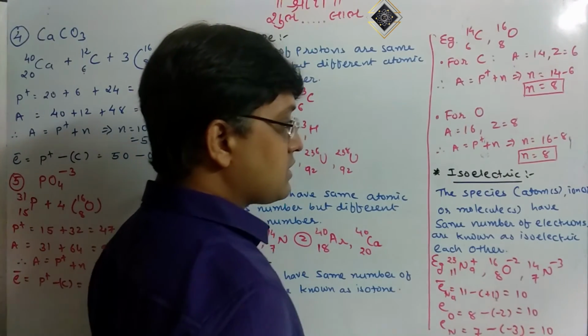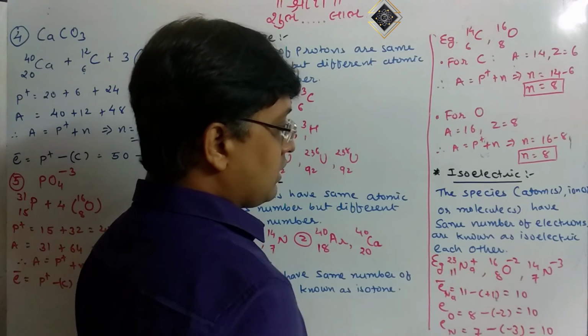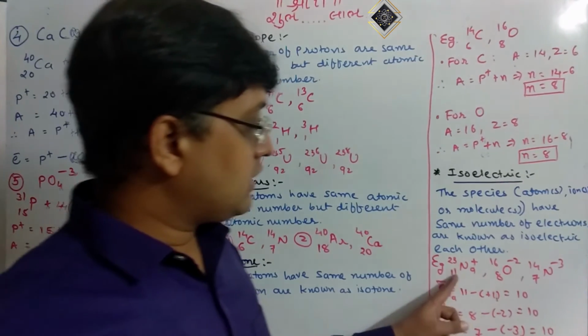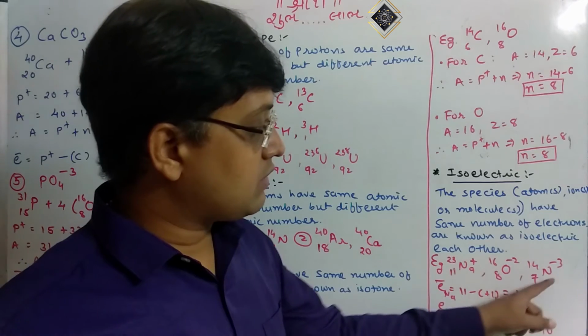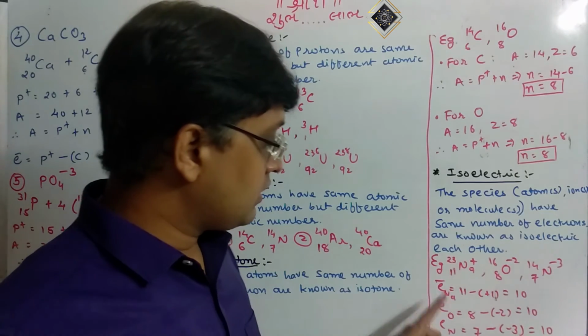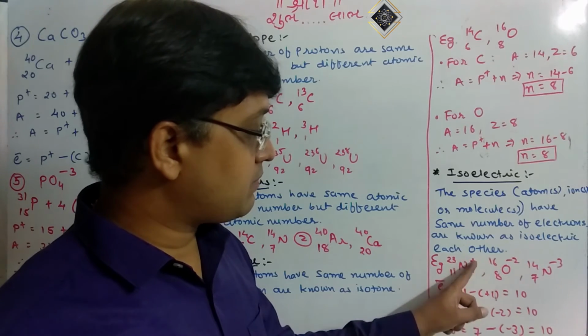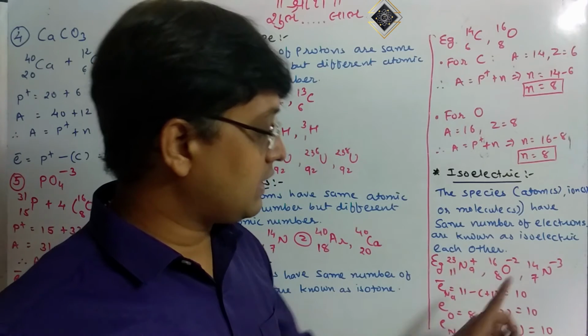Isoelectronic species, atoms, ions or molecules which have the same number of electrons, are known as isoelectronic. For example, 11 sodium 23 plus, 8 oxygen 16 minus 2, 7 nitrogen 14 minus 3. The number of electrons in sodium: 11 minus charge, which is plus 1, so 11 minus 1 is going to be 10.